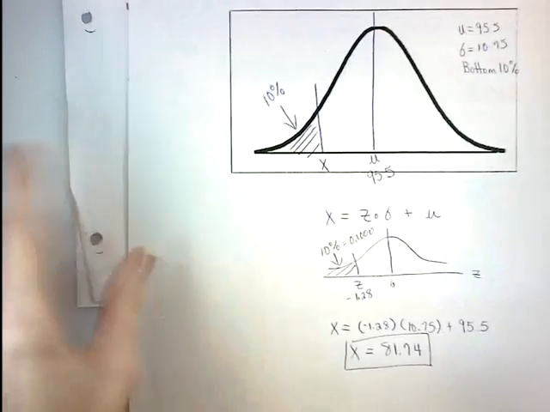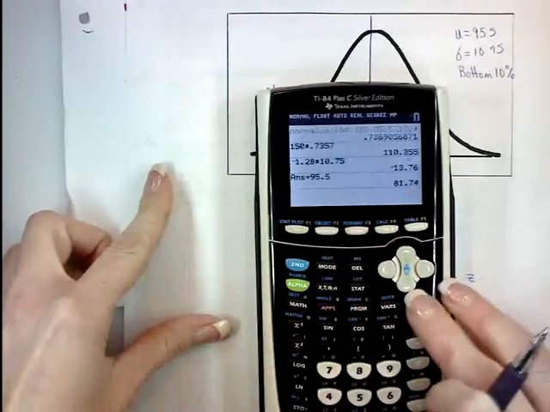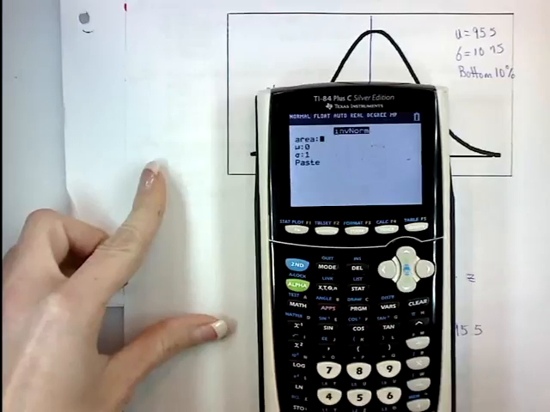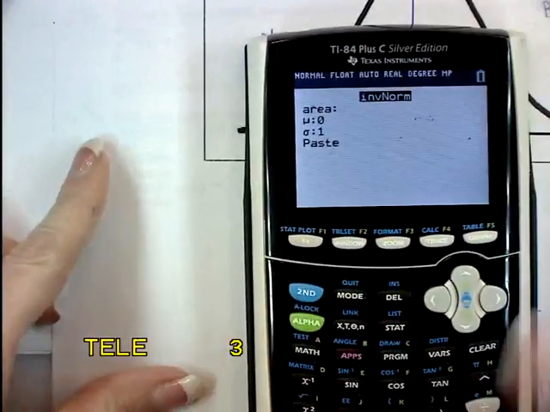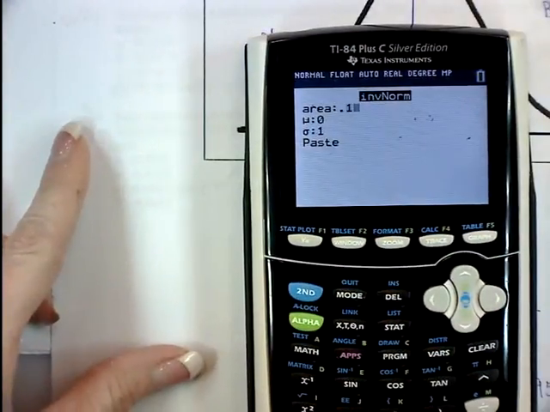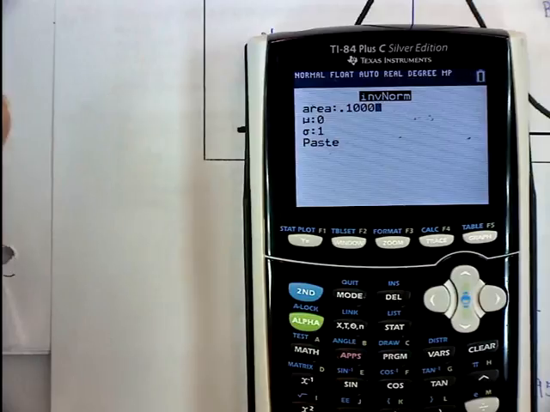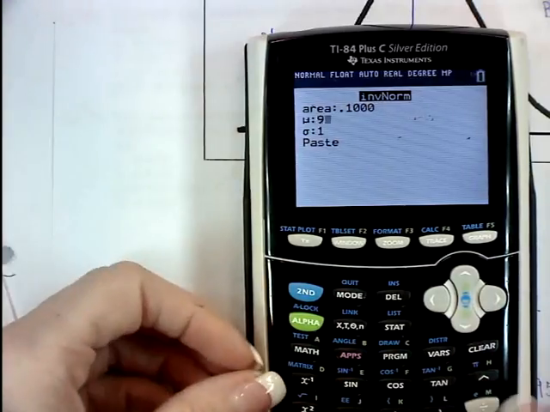The way to do this in the calculator, and I'll just show the updated version of the calculator, is invert the norm. The area below the unknown x is 10%. You can put 0.1, 0.10, 0.1000. All of that's 10%. The mean is 95.5.